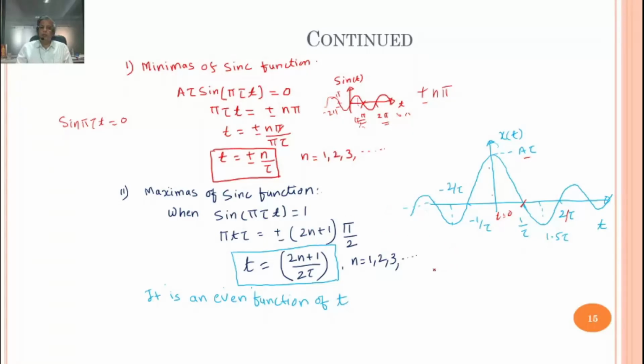And if we substitute here n equal to 1, this pi cancel out and t equal, this tau comes here.